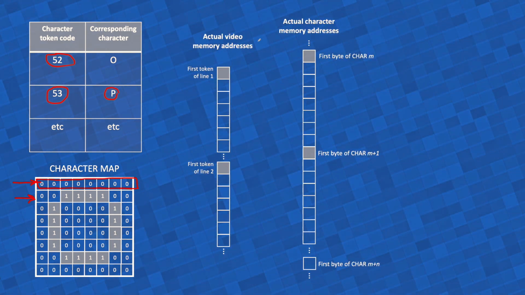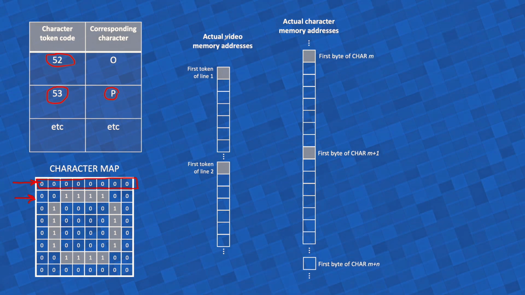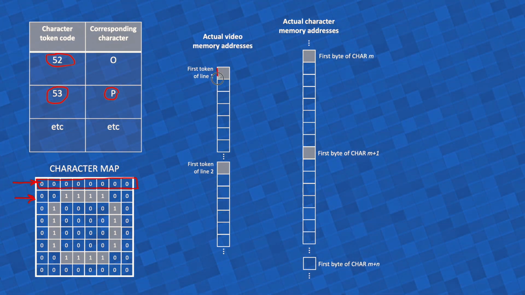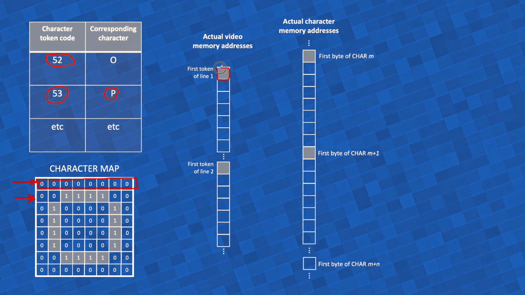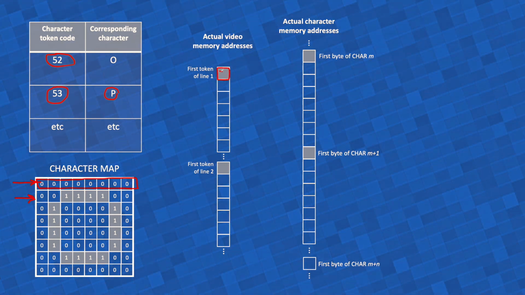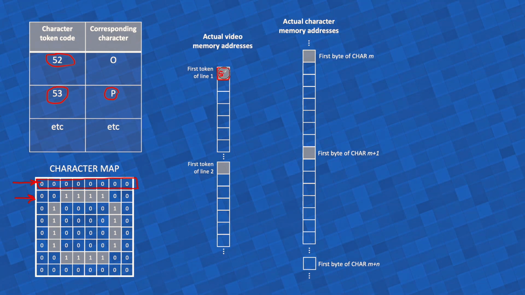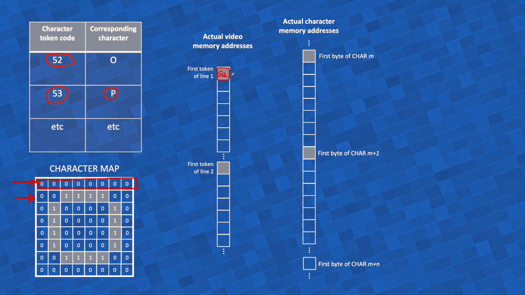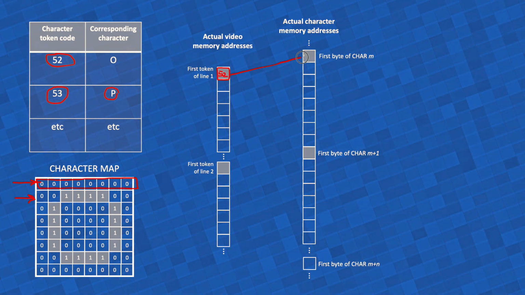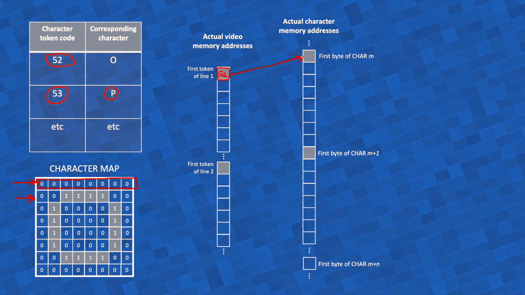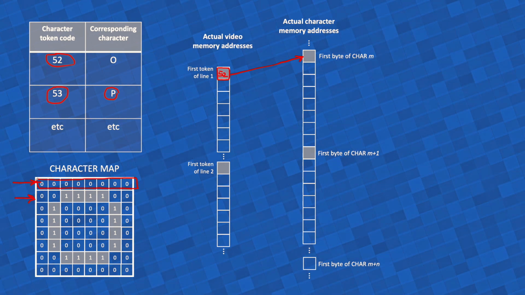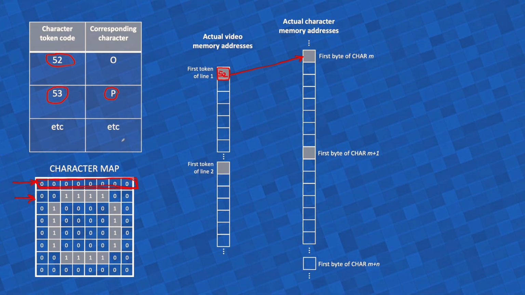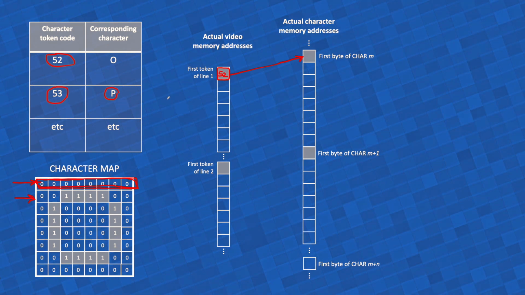So your actual video memory addresses are in a line like this, and the contents of each one of them is a token. If you put the token code here, say 52, which is what you actually do, you put the token codes in the video memory, suppose this would point here to this address in the character memory, corresponding to the first byte of the character O. Now suppose you're writing the word oppression on the screen.